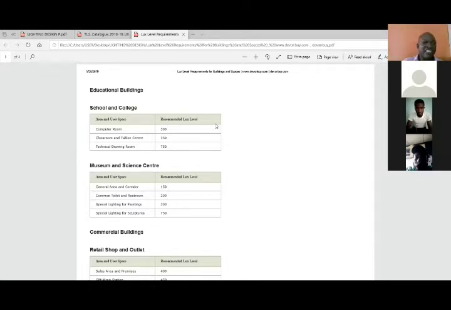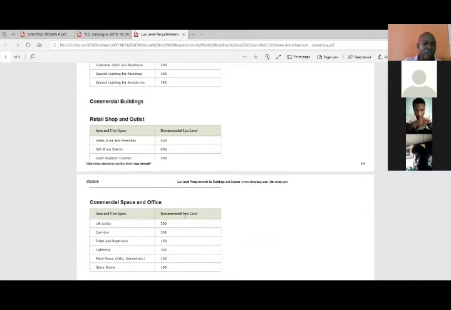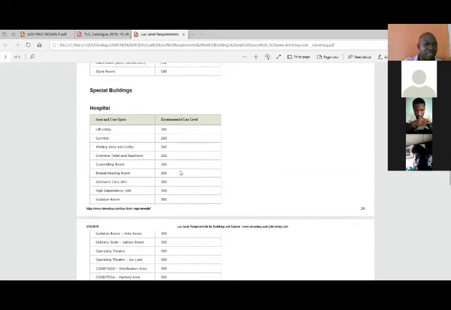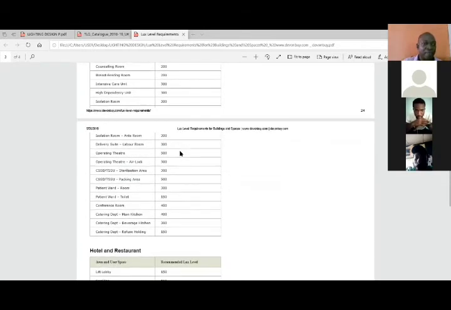So you need to understand what you are designing for. Remember the exercise we just concluded has to do with an office space. In the office space, I remember we used 400 lux. So these are other values that we can make reference to in our design.